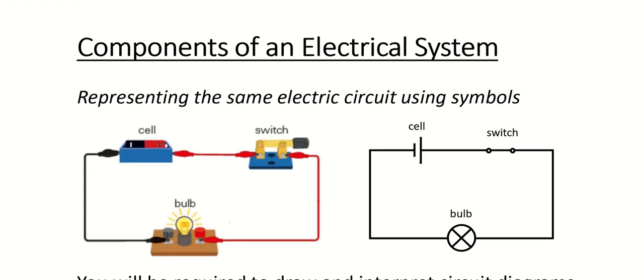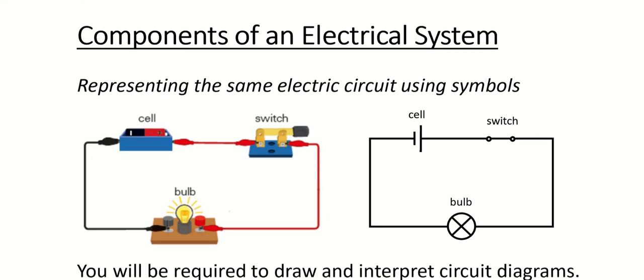Okay, so components. So the cell is represented using this symbol over here. Okay, so take note here, this is plus, you can see from here, and this is minus. If you look at a battery, you will see the plus and minus. So later on I'll elaborate again, but the long side is the plus pole, and the shorter is the negative.